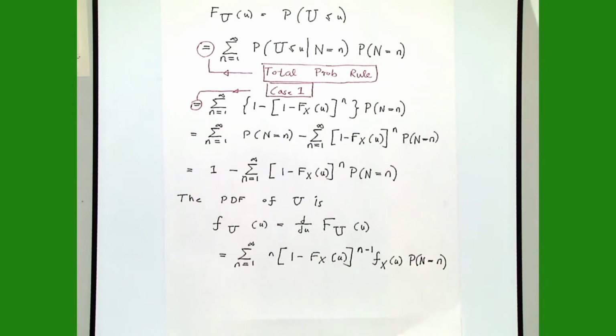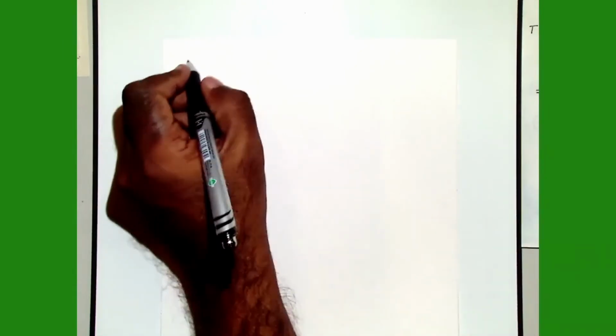Alright, so that's variable B. And the third variable of interest is the maximum portfolio loss. Alright, so C.